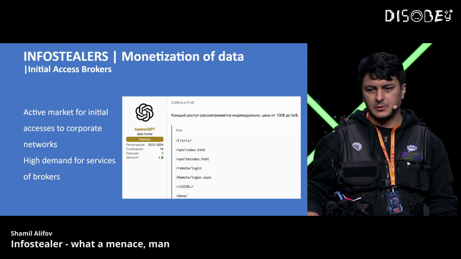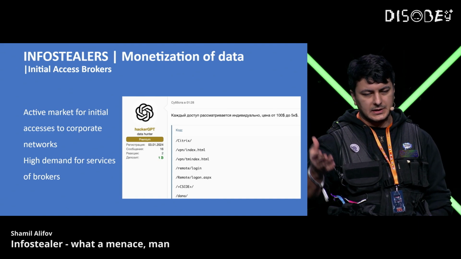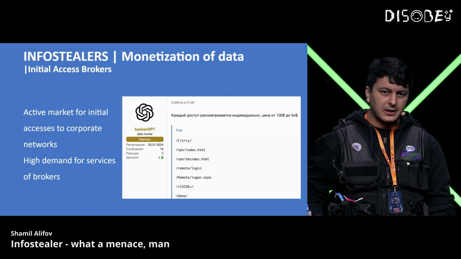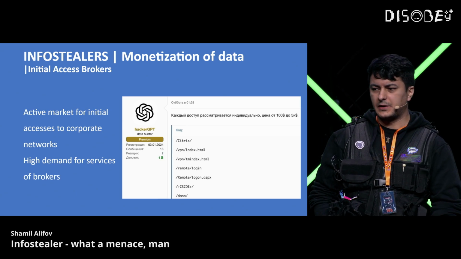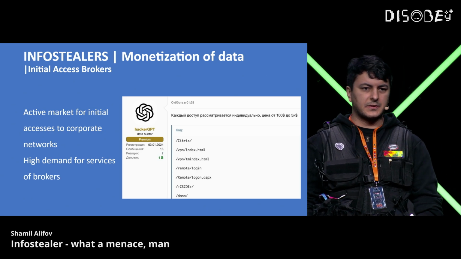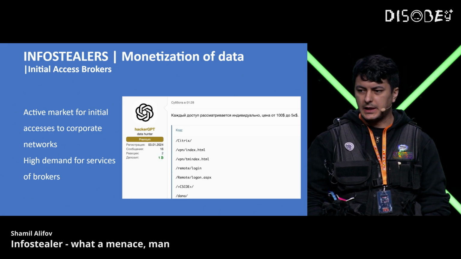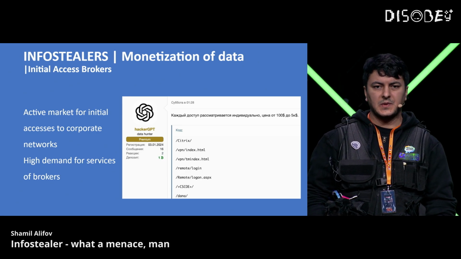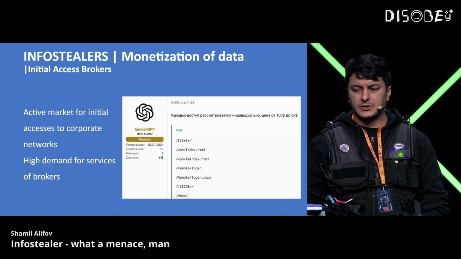What they would do, for example, this person, let's say, initial access brokers, they will buy these Infostealer logs, then they will try if they can access the network of the victim, then probably they will try some kind of reconnaissance of the corporate network, maybe add some persistence, and maybe dump some internal passwords and credentials.